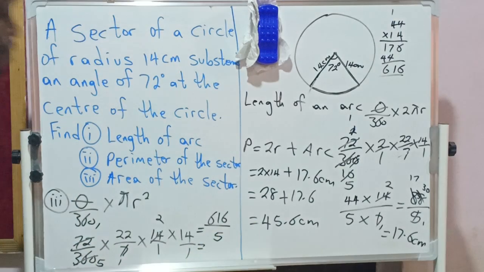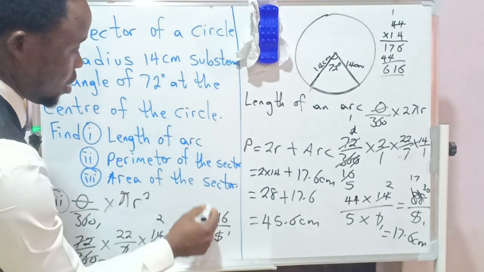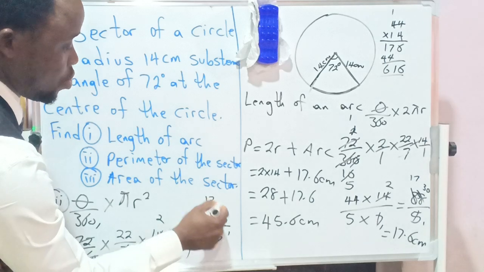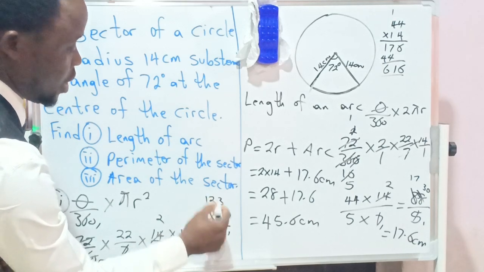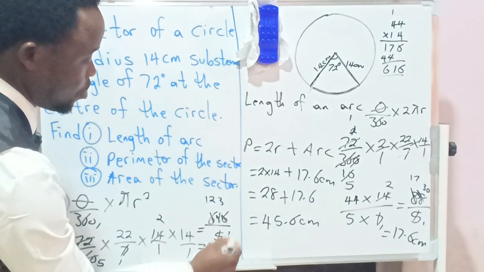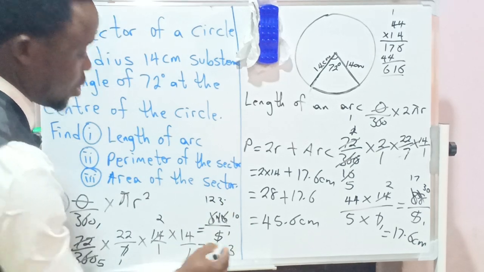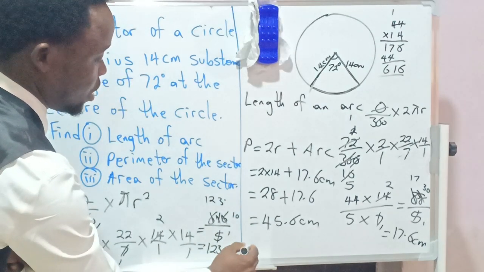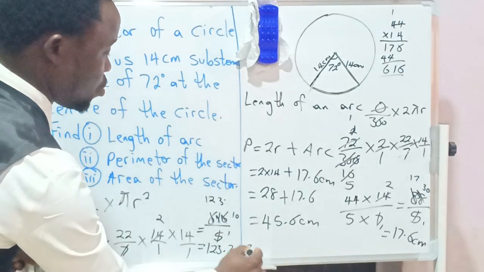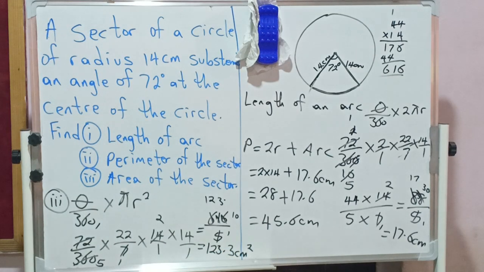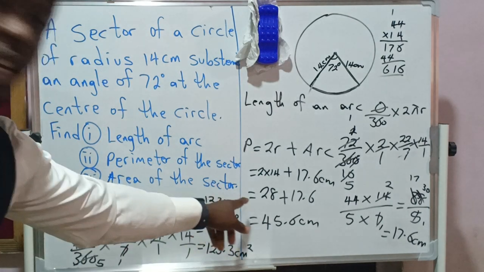By the time we divide it, we get 123 point, remainder 1 adds a good point. And this one is centimeter square because we're talking about the area of the sector now.